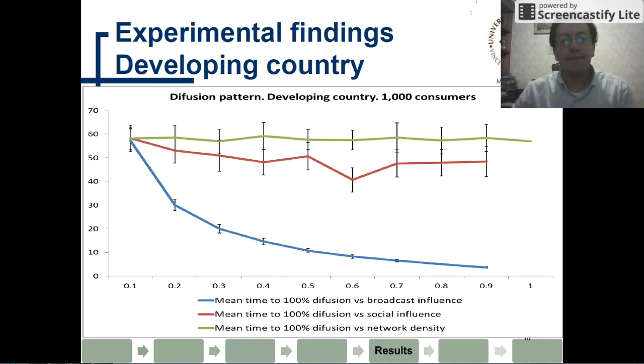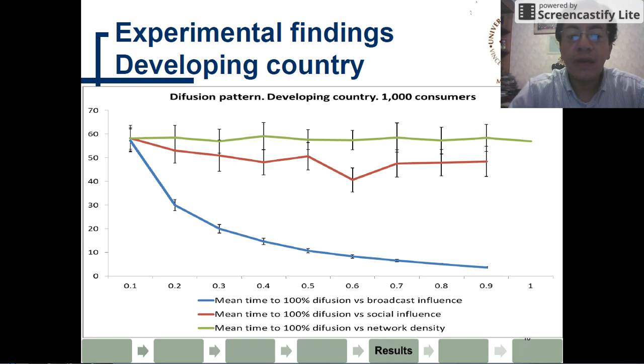First of all, I ran 1,000 experiments with different levels of broadcast influence, social influence, and the network density. In this graph, you can see three lines, each one referring to one of these variables, and the vertical axis refers to the number of periods.